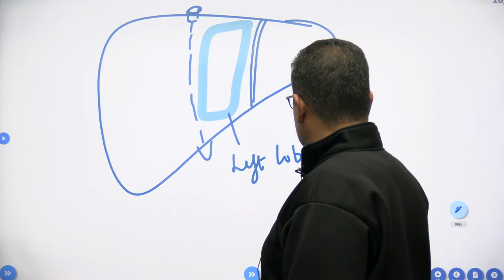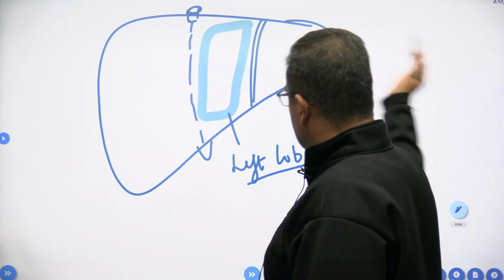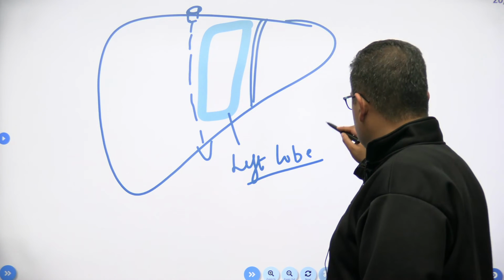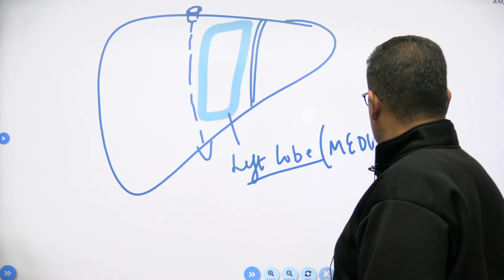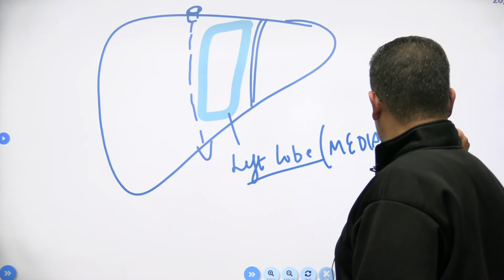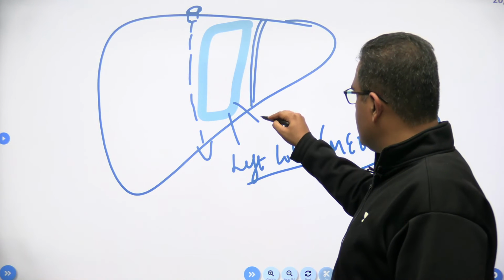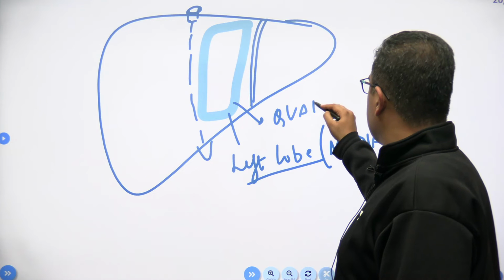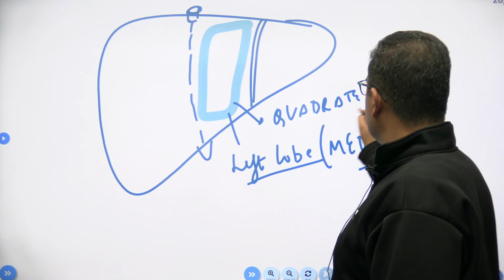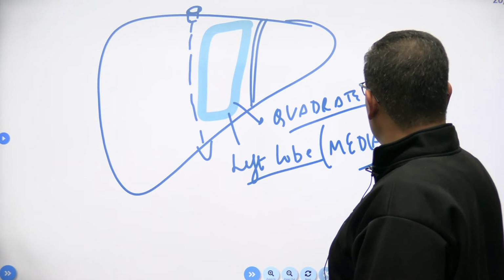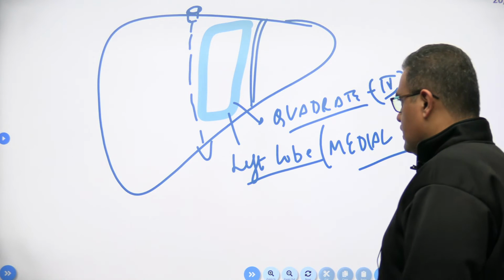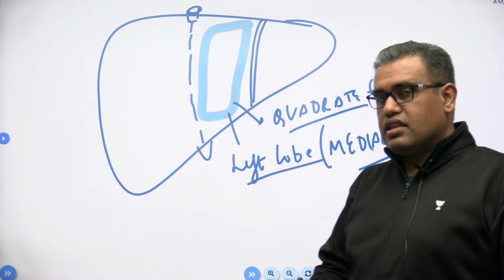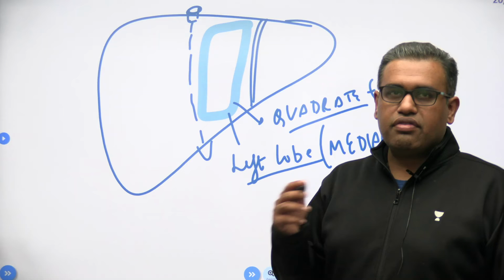Is it medial or lateral segment? These going on the left side are the lateral; these are probably the medial segments of the left lobe. Is there another name for this lobe? Yes, you guessed it right, the quadrate lobe, segment number 4, divided into 4A and 4B, that is a different thing. So the injury is technically in the quadrate lobe, or you can say the medial part of the left lobe.